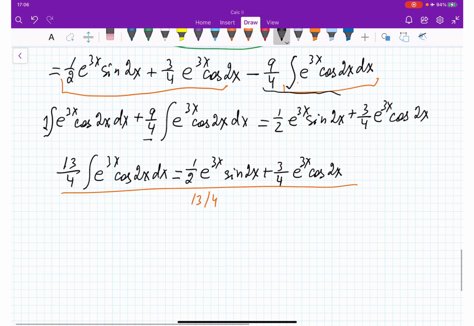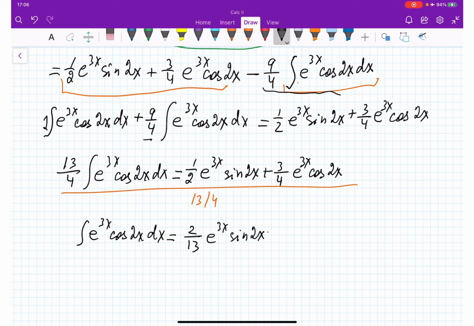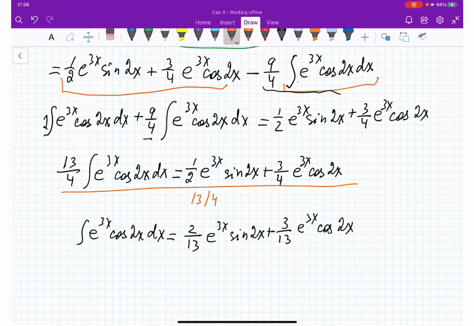So the result is going to be integral e to the power 3x cosine 2x dx is equal to 2/13 e to the power 3x sine 2x plus 3/13 e to the power 3x cosine 2x. Okay, so this is our I2, right? We solved.